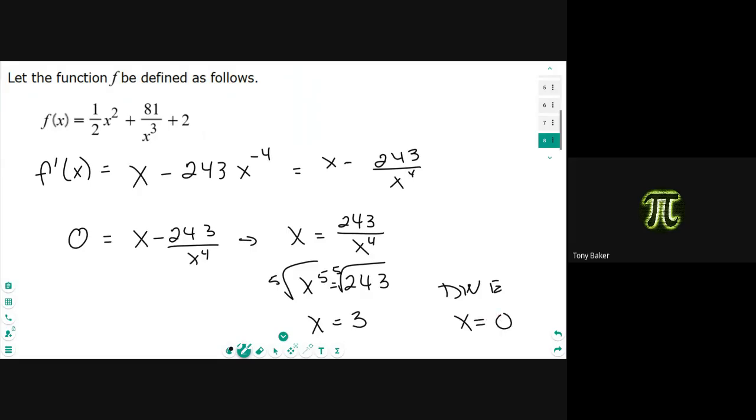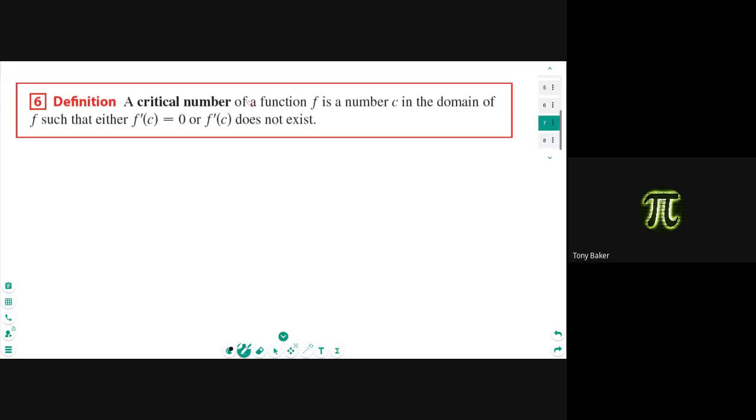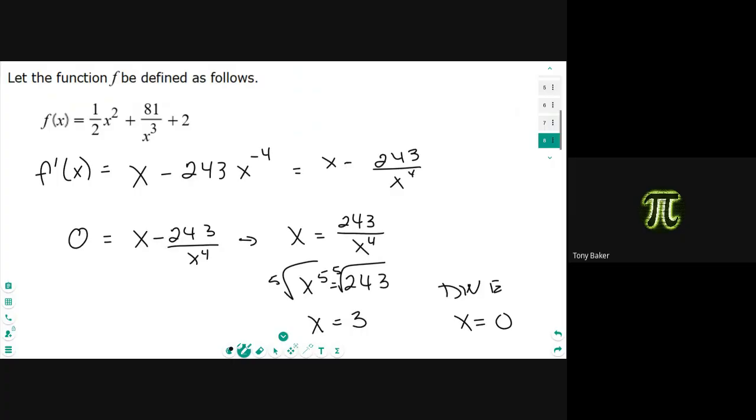So when you're looking for your critical numbers, you're finding where the derivative equals 0 and where the derivative does not exist. The second part of that critical number definition is very important, though. That number has to be in the domain of the original function. So you have to check your critical numbers to make sure they are in the domain of the original function.